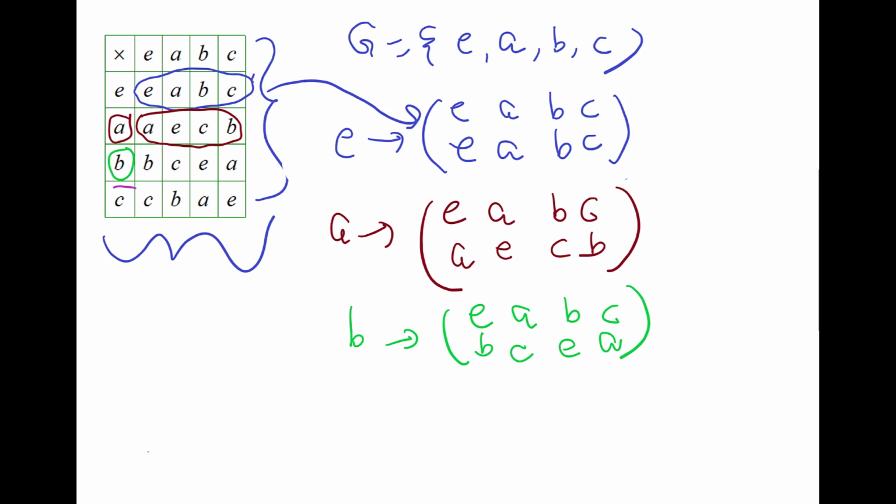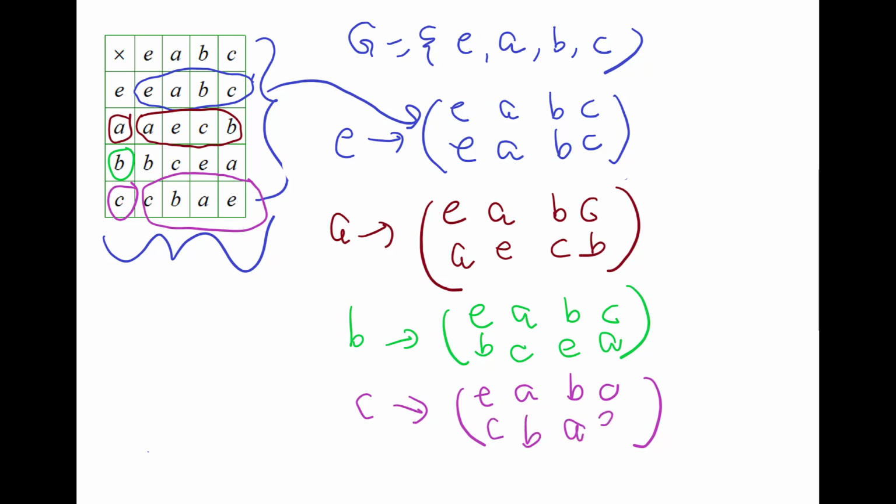And now the images of C: we choose the row in which we multiplied everything on the left by C. So we got C, B, A, E.